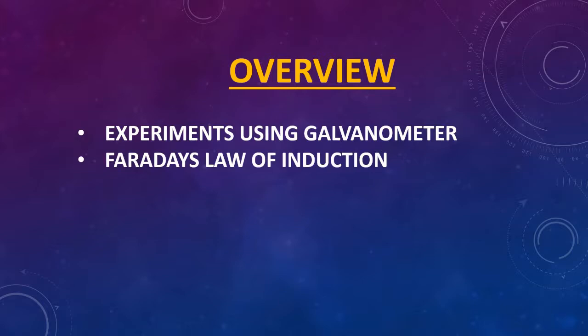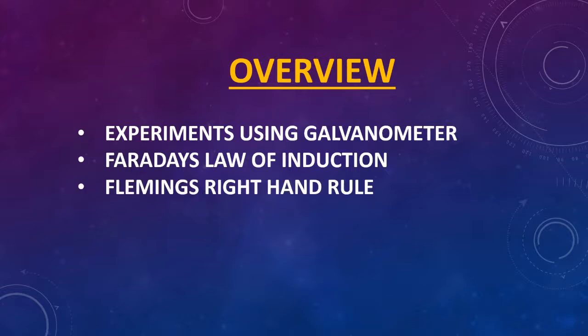The second thing is Faraday's law of induction, and from this experiment, we are going to deduce this law. And based on this law, we are going to study about the Fleming's right hand rule. So let's begin with this module.